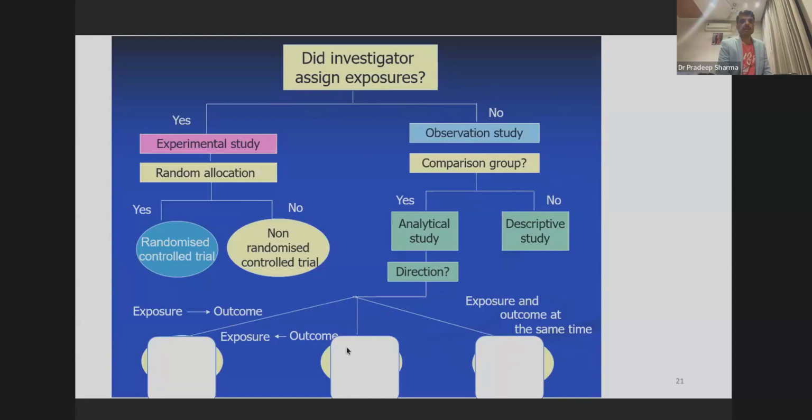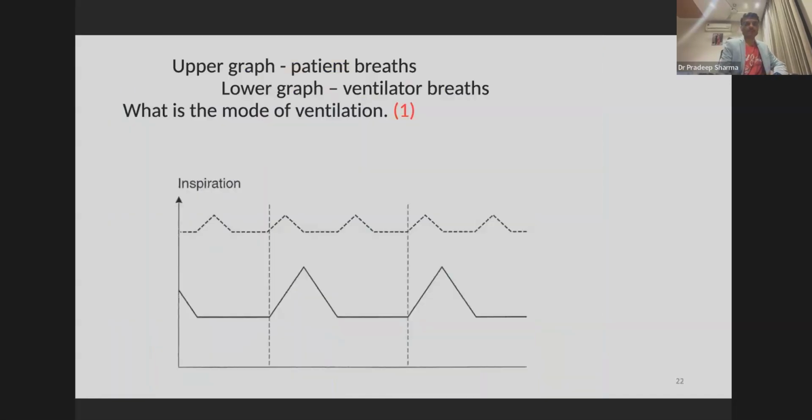Cross sectional. If we go from the outcome to the exposure, then what is the study design? Case control. Starting from exposure to outcome. Yes, fast. We have 2 minutes left. Cohort. Very good.